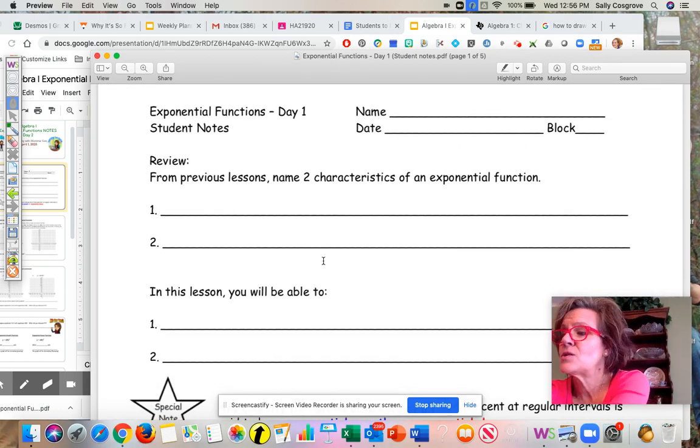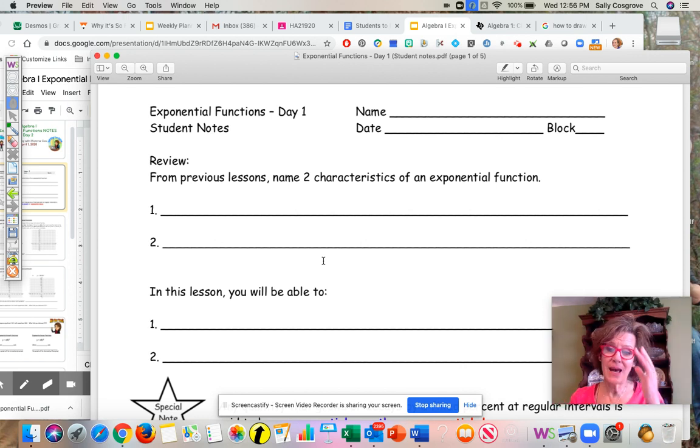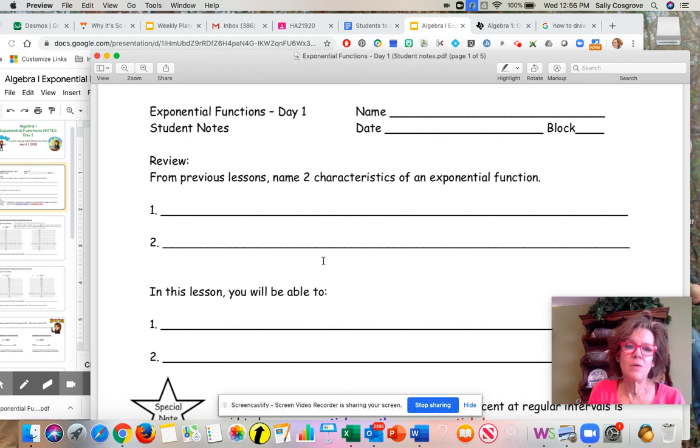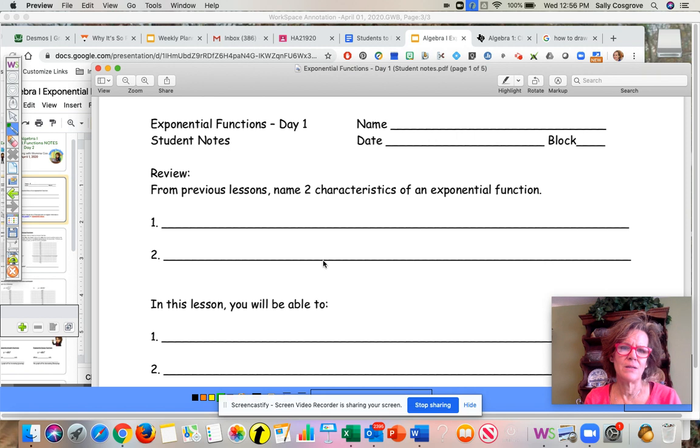These are the notes for today, and for today we're going to think about our notes from Monday when we first looked at exponential functions. So you help me think about some characteristics of an exponential function.